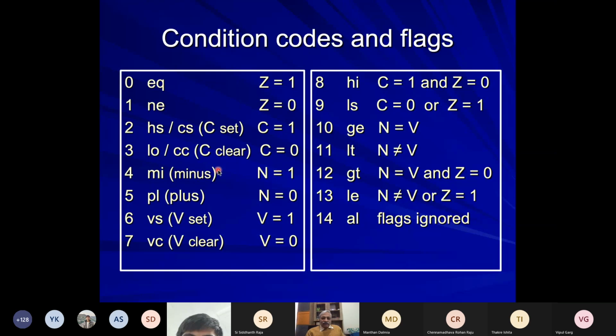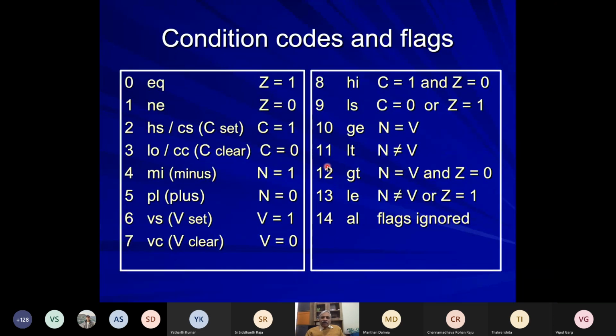So if the condition field is, let us say, 10, in binary it will be 1010, then the instruction is branch if greater than or equal to. So these numbers are the decimal equivalent of that 4-bit pattern which you put in the condition field.